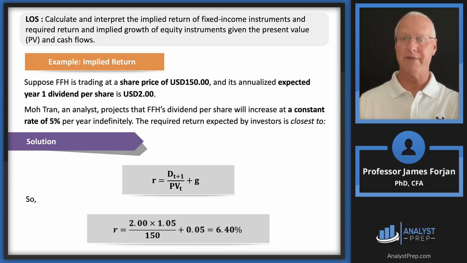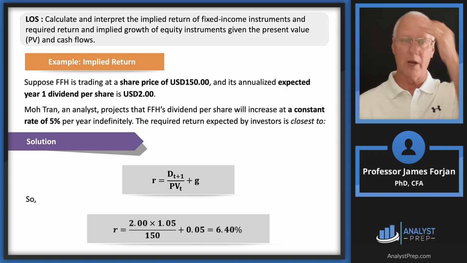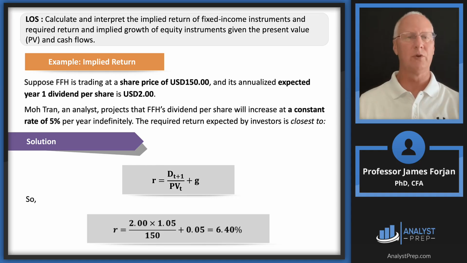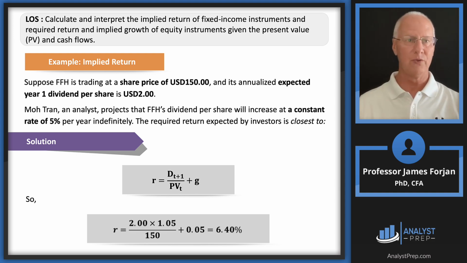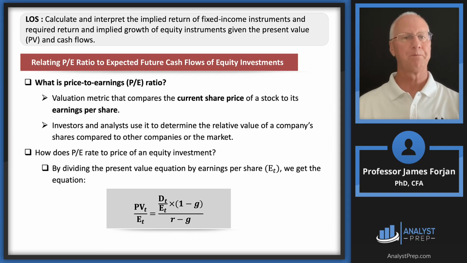That's the year 1 dividend, T plus 1, divided by the current price, which of course we know, right? It's given to us in the problem, but we can easily go to the floor of the New York Stock Exchange and observe that number. And then we're going to add that 5%. Let me caution you once again, whenever you use the Myron Gordon growth model, you need to use the decimal form of the interest rate. So add 0.05, and you get 6.33%.